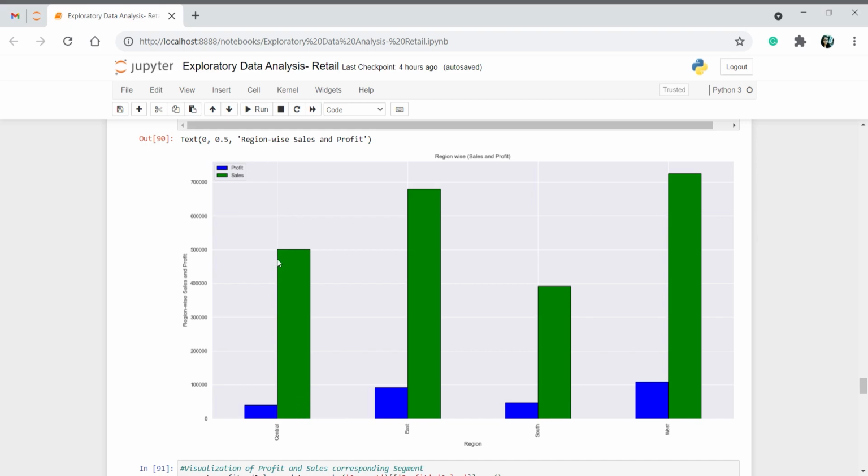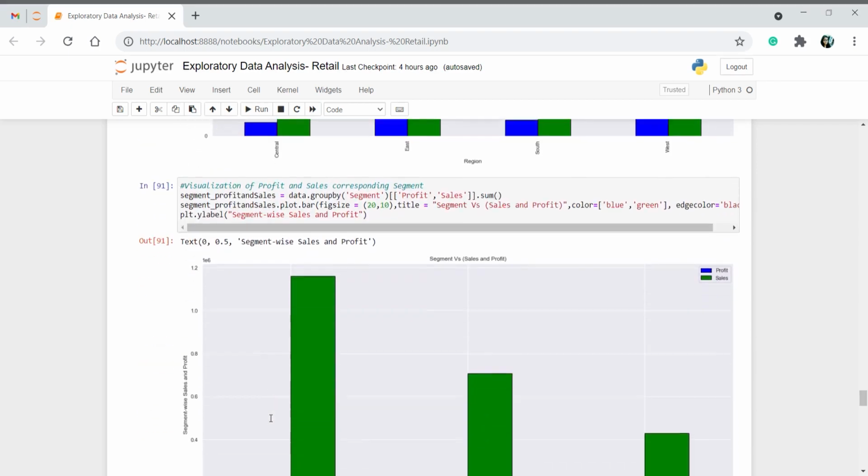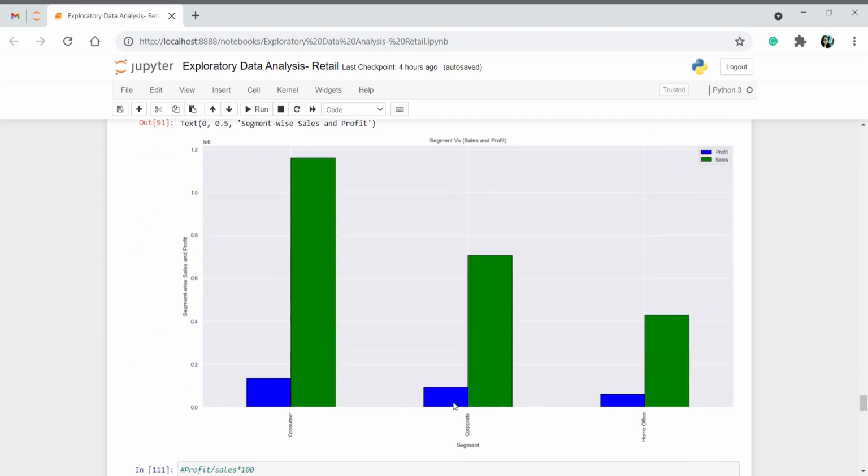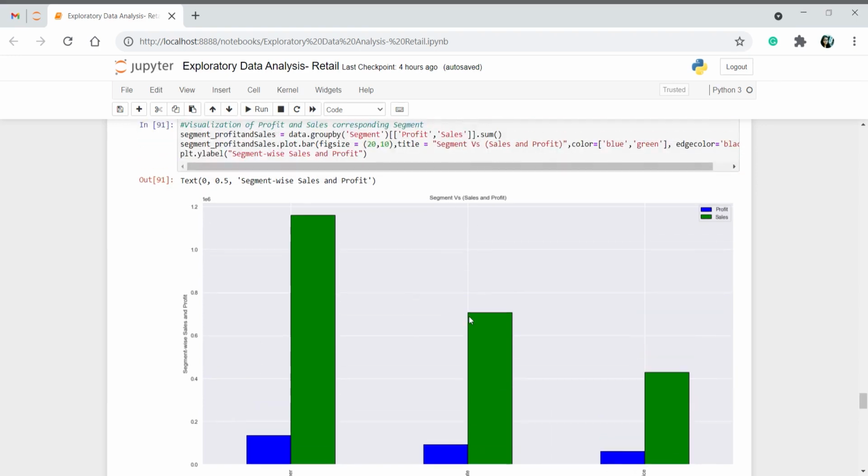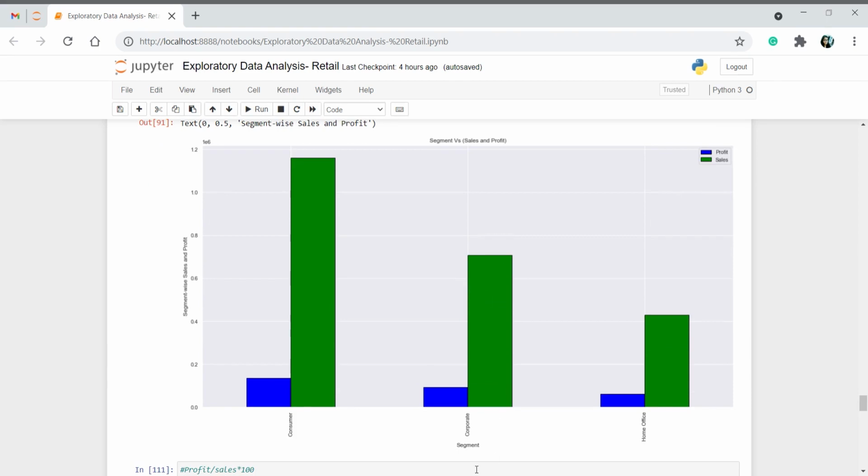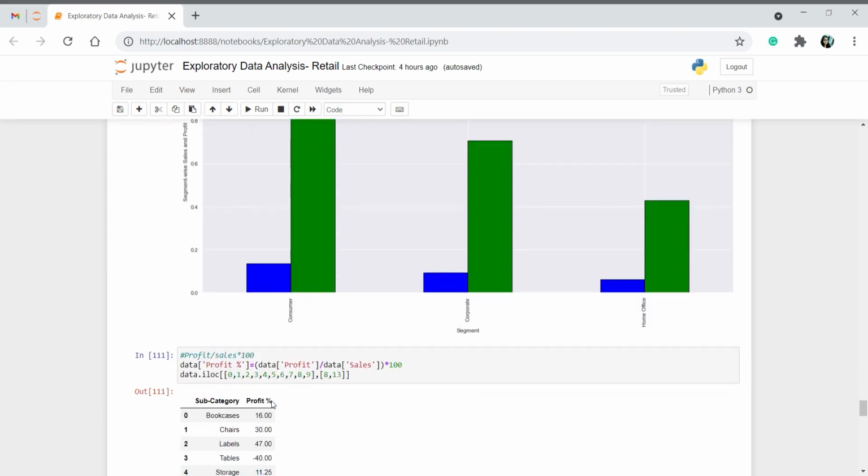The green bar shows sales, the blue one shows profit. In this graph, we are finding a similar kind of relationship between segment and its corresponding sales and profit. Green bar shows the sales and blue one shows its profit.